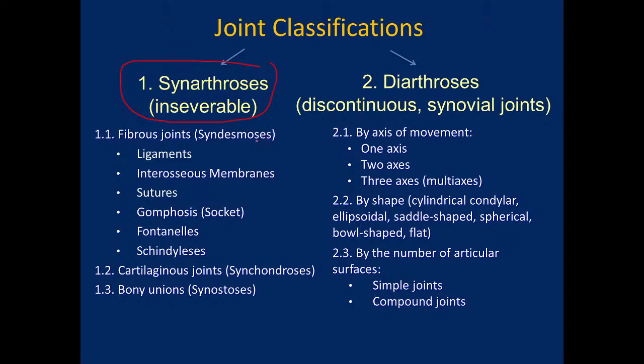These are immovable joints. Next, group number 2, we call diarthrosis.